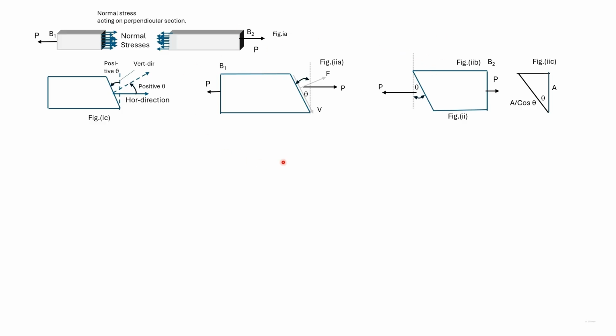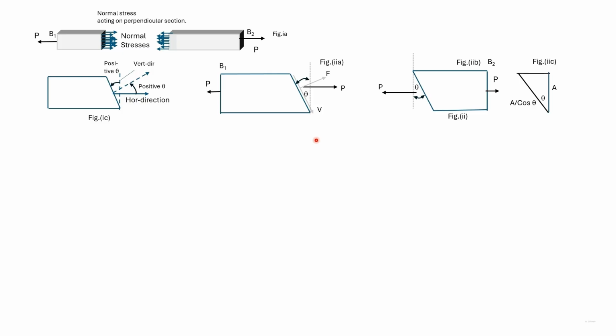Here, this is the whole bar. We have taken a plane that is theta degrees to the vertical in the anti-clockwise direction. We had earlier considered anti-clockwise rotation as positive, so this angle is positive.